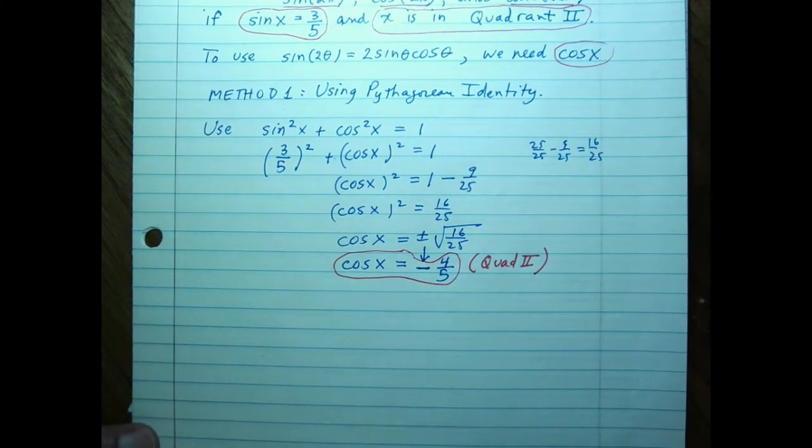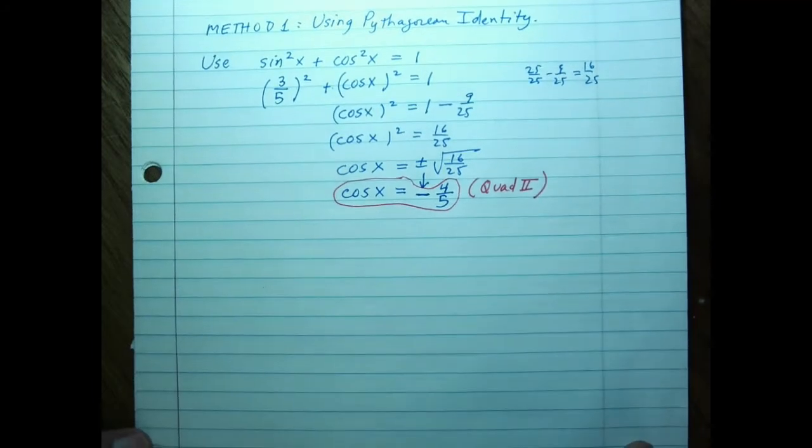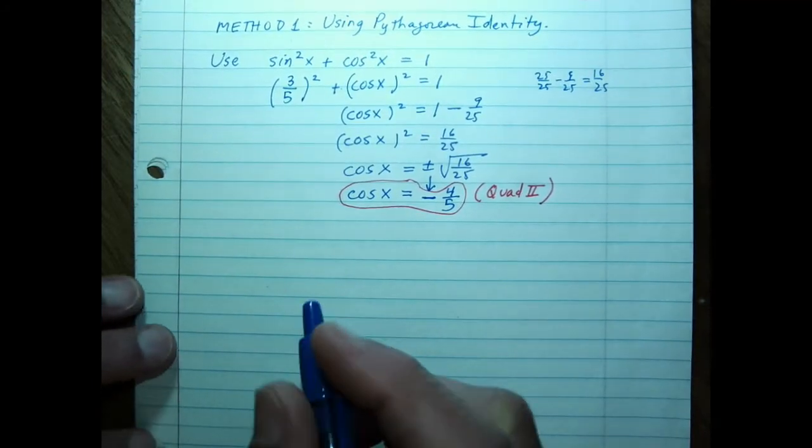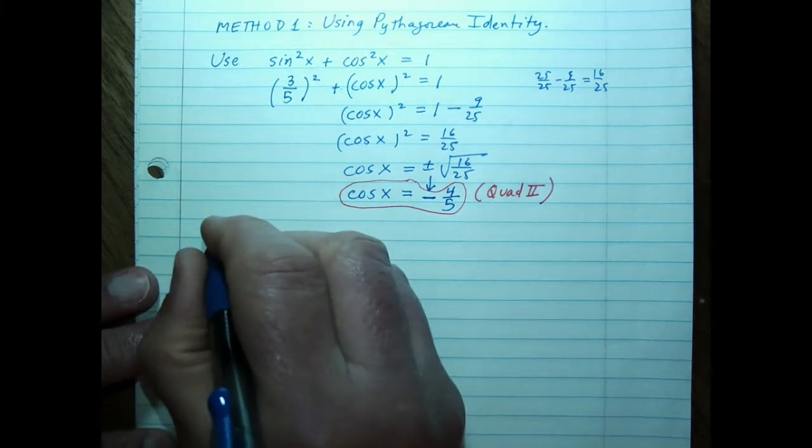And what I want to do is jump to a second method for finding cosine. So we're going to do the same thing before we even finish the problem, because I want to be able to compare these next to each other.